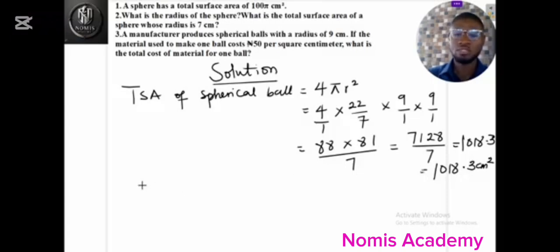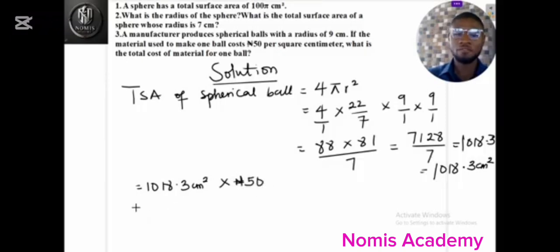So since the total surface area is 1,018.3, per square centimeter is 50 naira. So how much would be 1,018.3 square centimeters? I hope we understood this question very well. So I'll just multiply it by 50 naira.